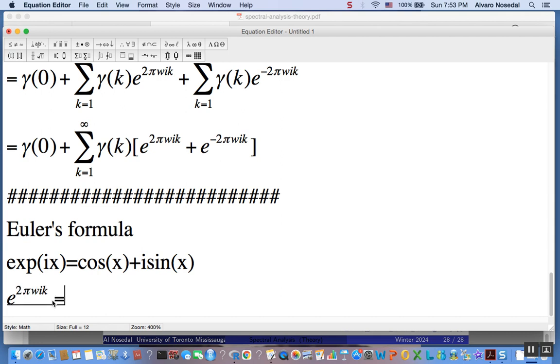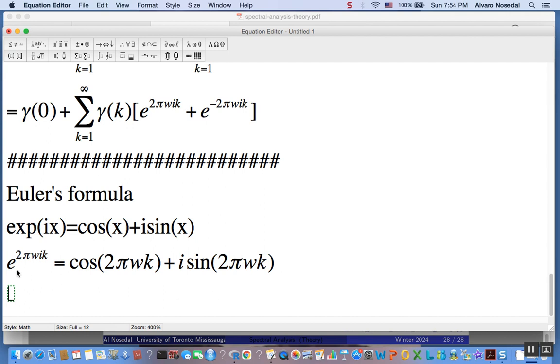This, using Euler's formula, would be cosine of 2 pi w k, no i needed here, plus i times sine of that angle. Make sense?